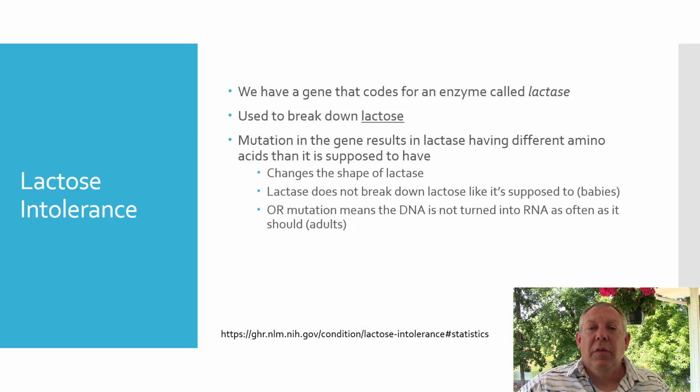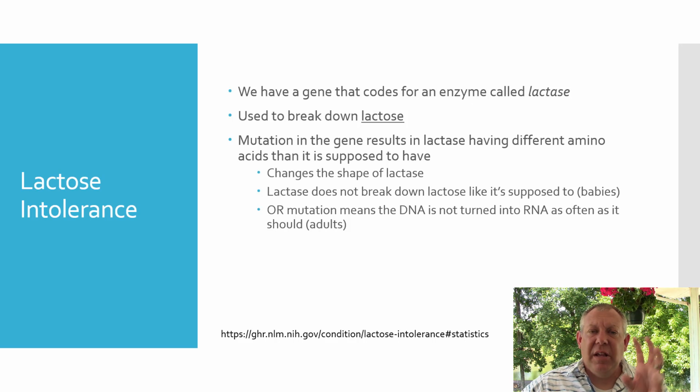And so there's a couple of different mutations that cause lactose intolerance. If you have lactose intolerance in babies, it's often caused by a mutation to where the shape of the protein is changed and it just can't break down the lactose. If you have adults that are lactose intolerant, it's sometimes a different mutation, in which the DNA is not transcribed as often as it should be.